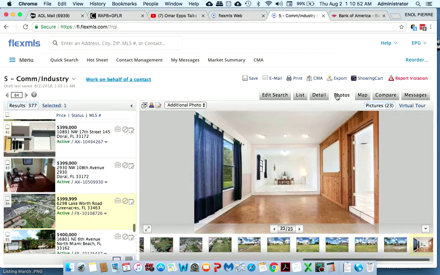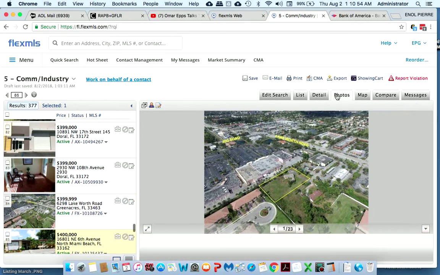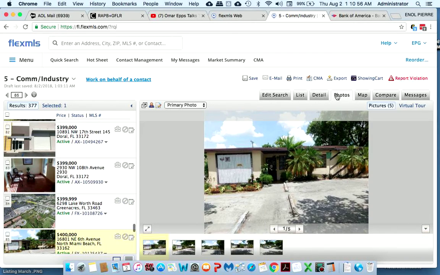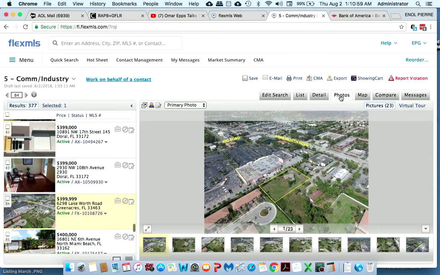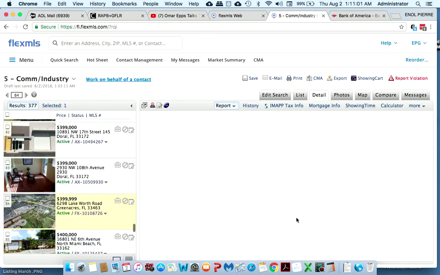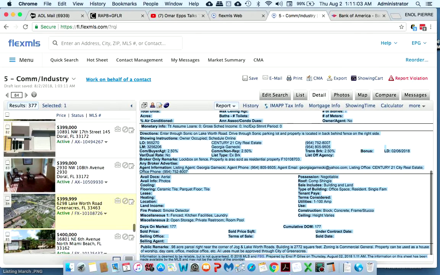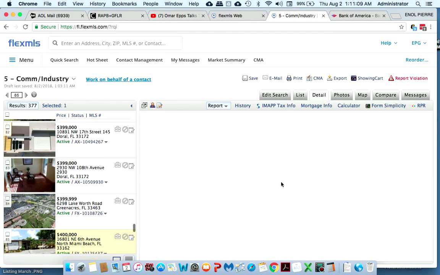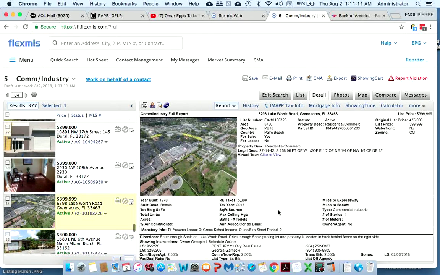Pretty interesting. It doesn't look like this is even occupied. I don't even want to read about it. It looks like a weird story. Who's selling it? Let me see.